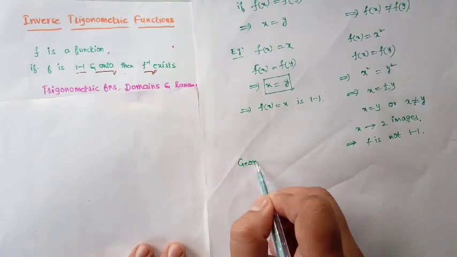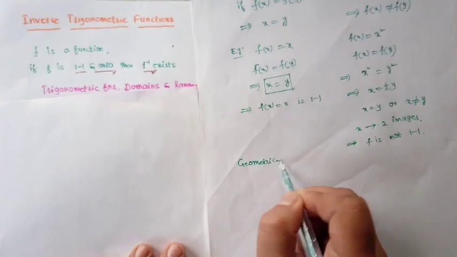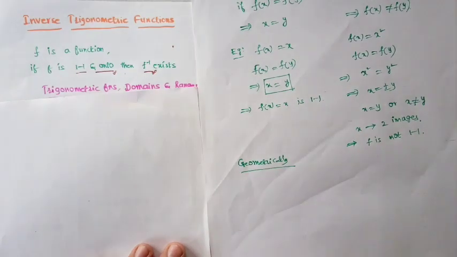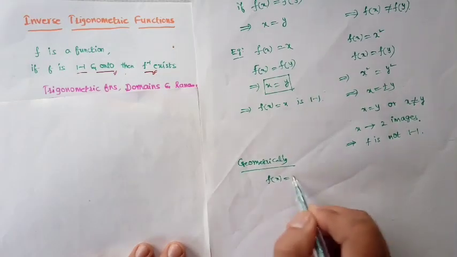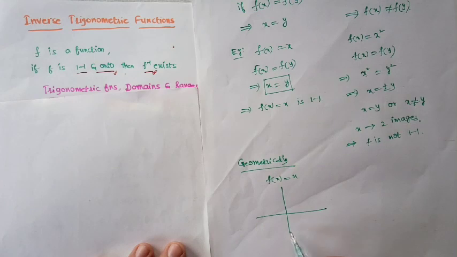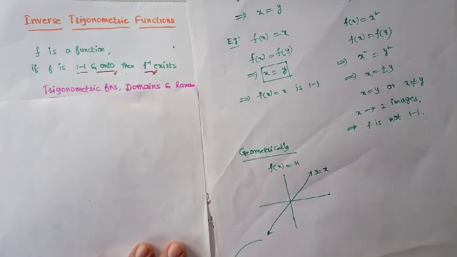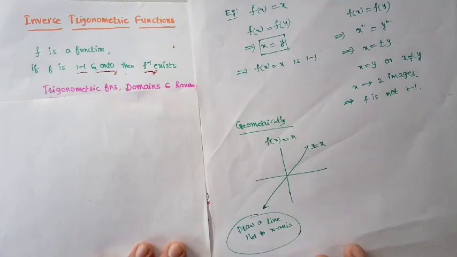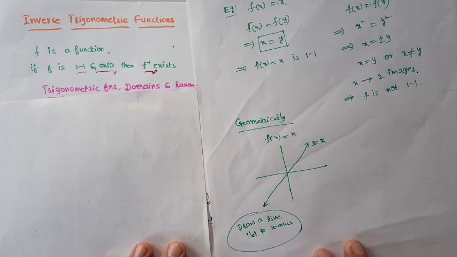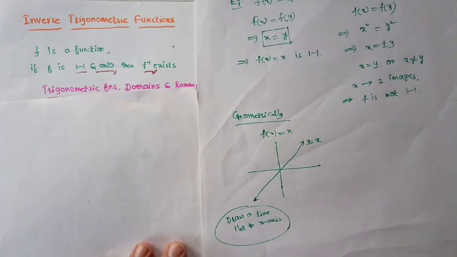See by the geometrical way. Geometrically, f of x is equal to x, its graph will become y is equal to x. Now note: draw a line parallel to x-axis. In how many places will it intersect?